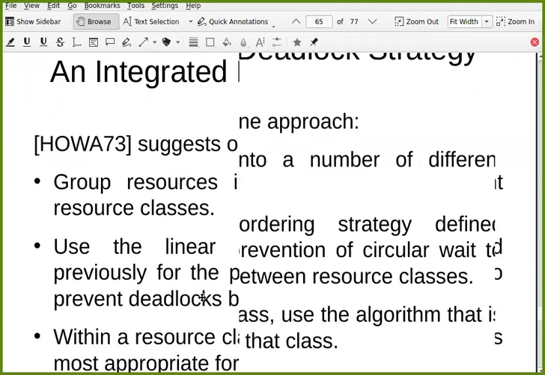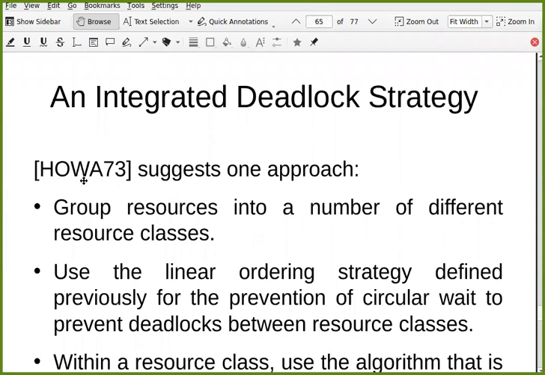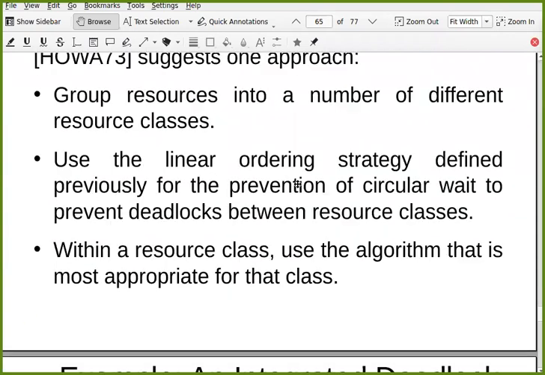One author of a paper suggests one approach: group resources into a number of different resource classes. This deadlock situation occurs because of resource demand between different processes. So let's group these resources in different categories or classes.